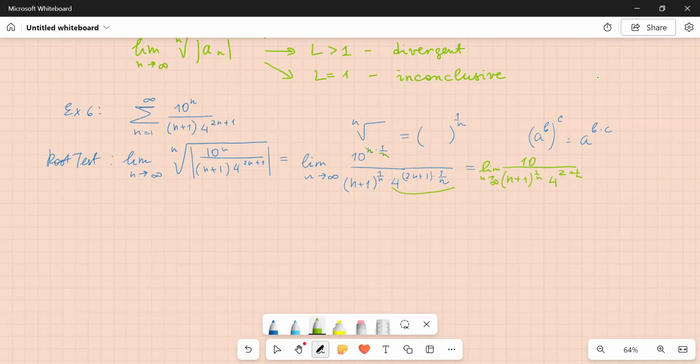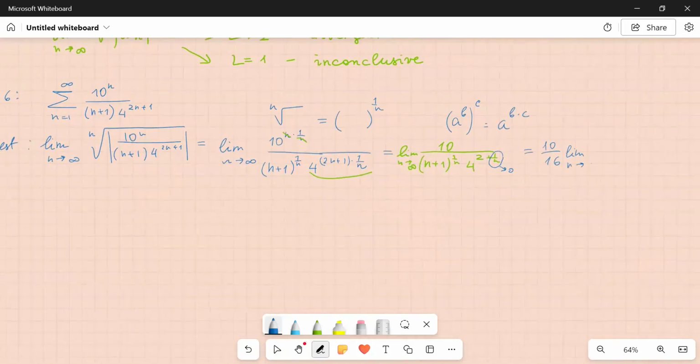Guys, it's obvious that this term will go to 0, and we are going to have 10 over 4 to the power of 2, that's 16, and the limit of what depends on n is going to be n plus 1 to the power of 1 over n. So we'll need to figure out what this limit is.